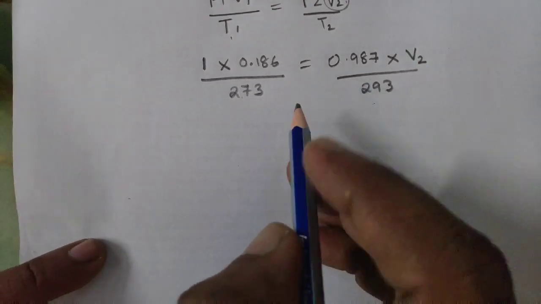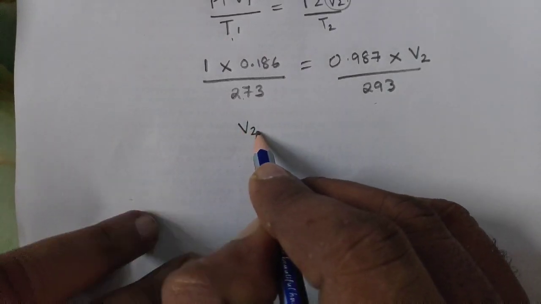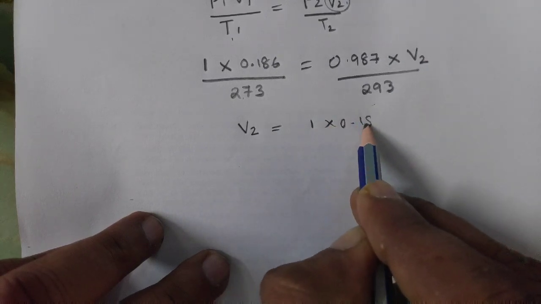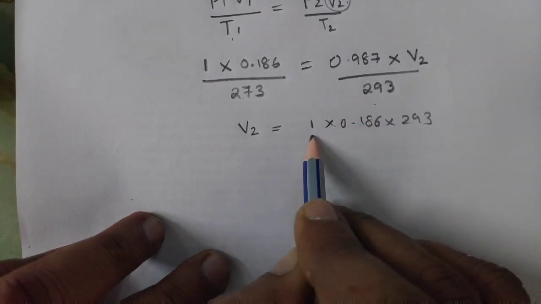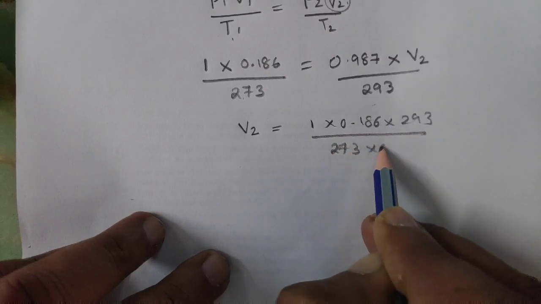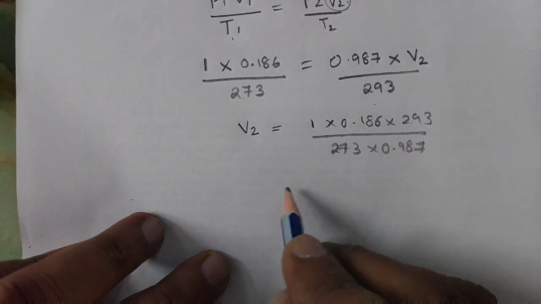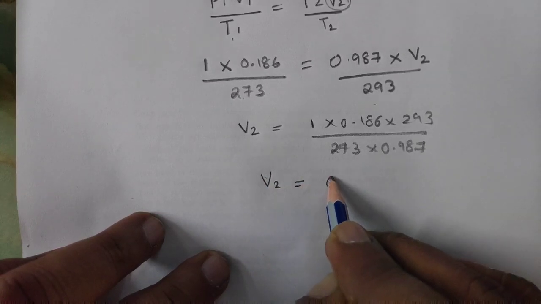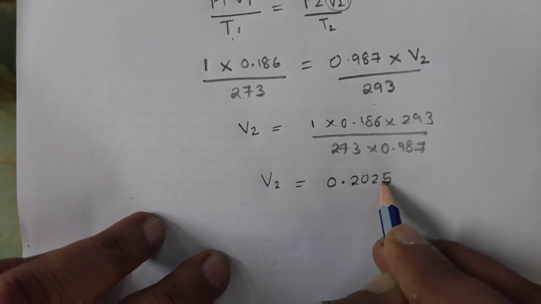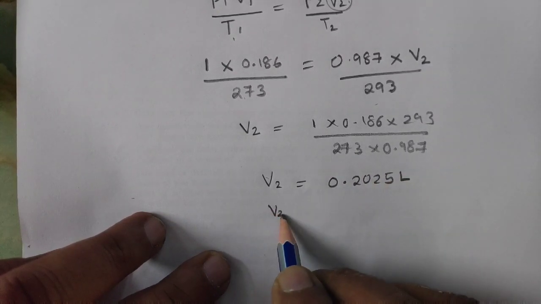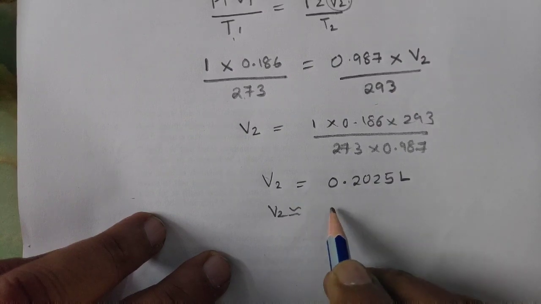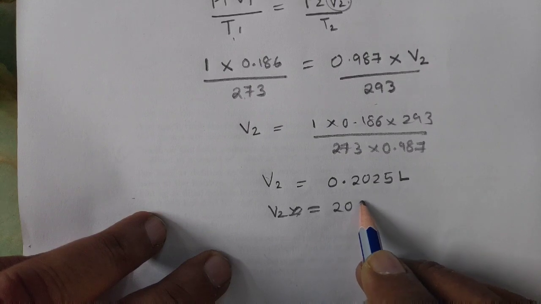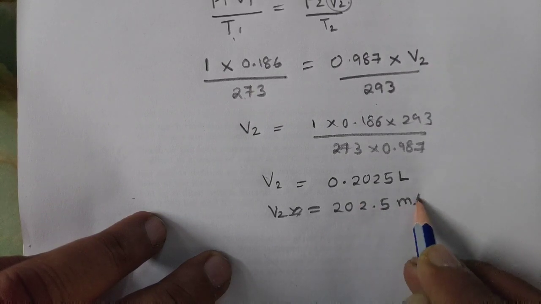So what we will do now? You can see V2 will be equal to 1 into 0.186 into 293 upon 273 into 0.987. Clear? So V2 will be approximately 0.2025 liters, or we can convert into ml, 202.5 ml, right?